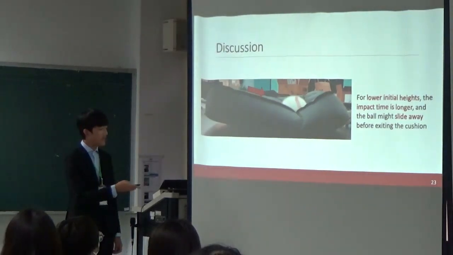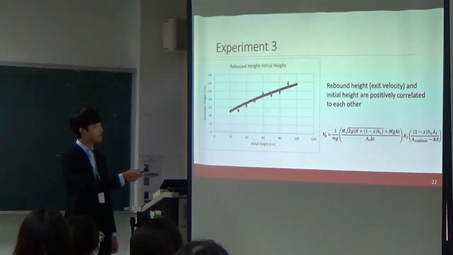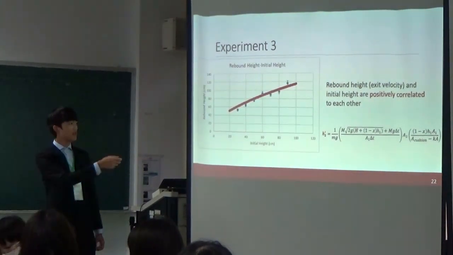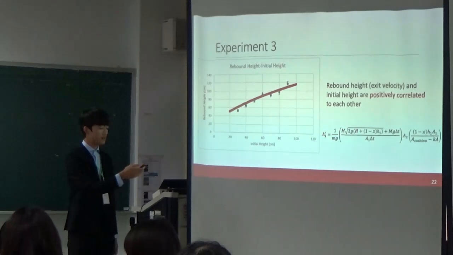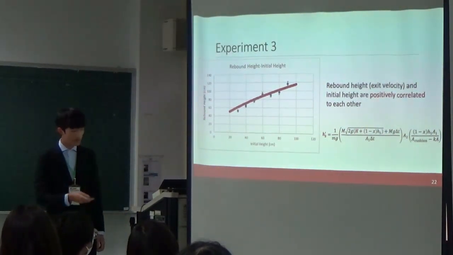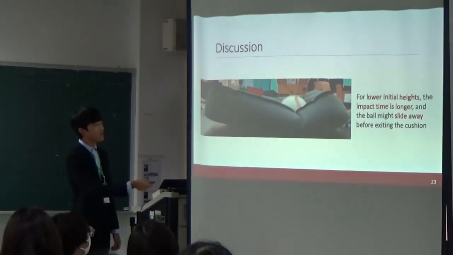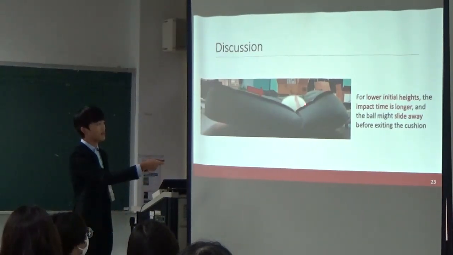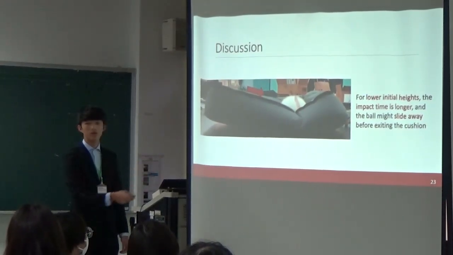So you can see that for lower initial heights, for 30 and 40 centimeters, there is a little error in these two data. There is a slight decrease in our theoretical model. So we believe that the reason for this is because for lower initial heights, the impact time when the baseball falls down is longer.